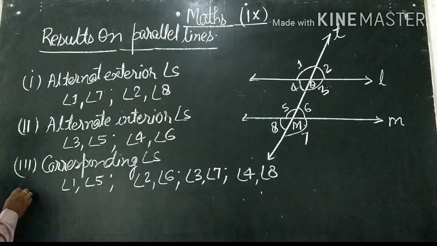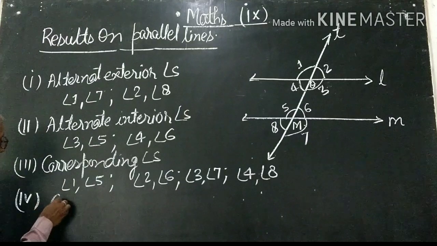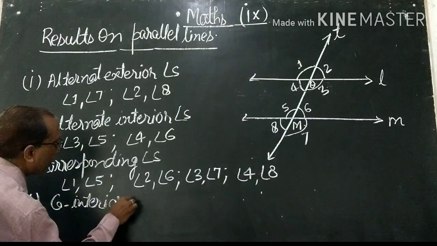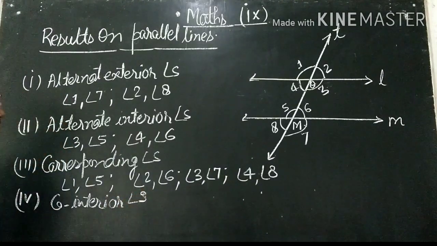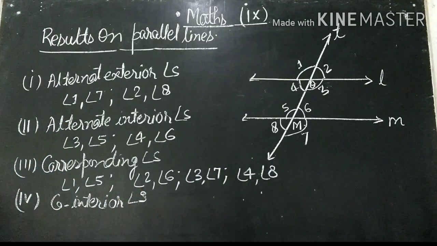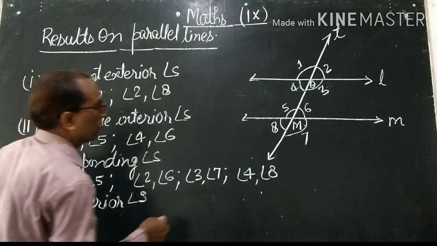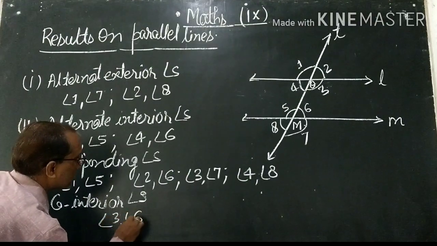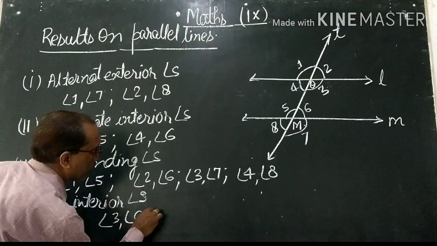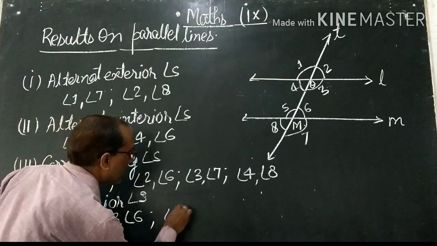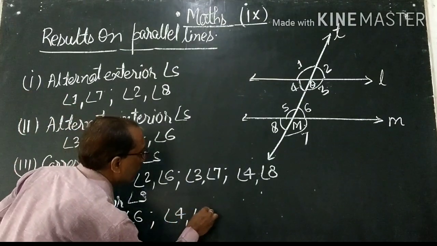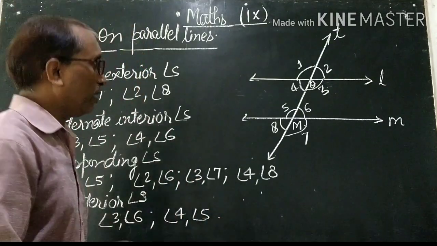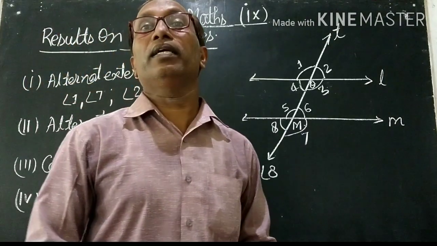Then fourth, co-interior angles: angle 3, angle 6 are co-interior angles, angle 4, angle 5 are co-interior angles. Their sum is 180 degrees.